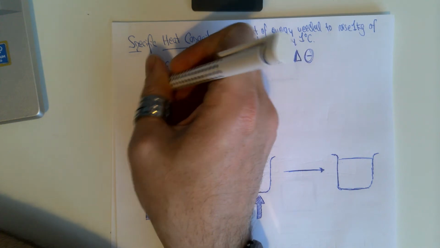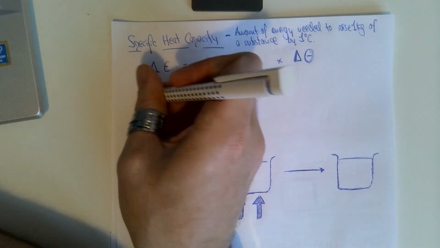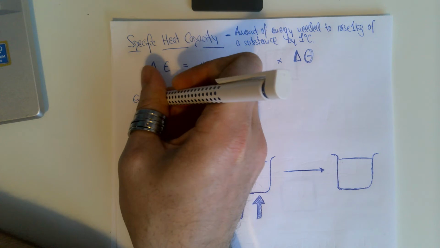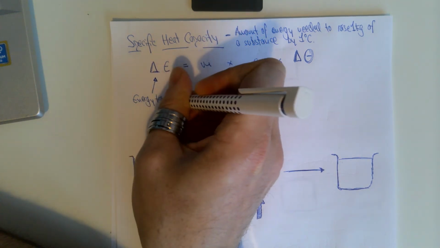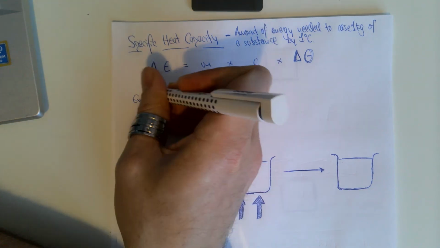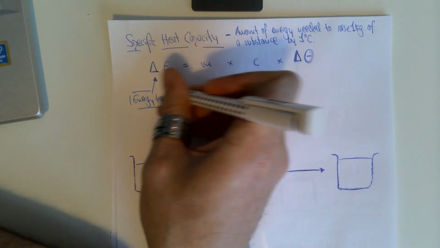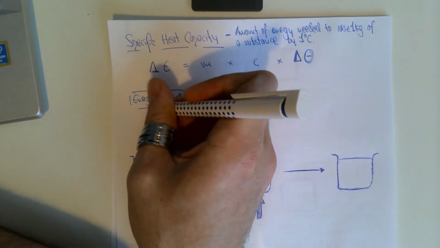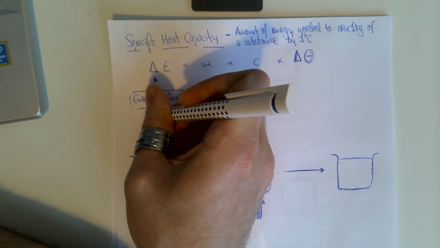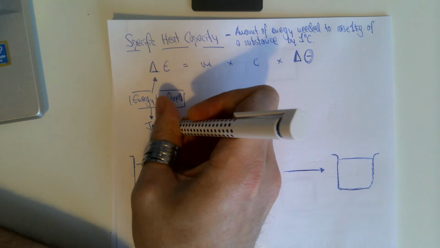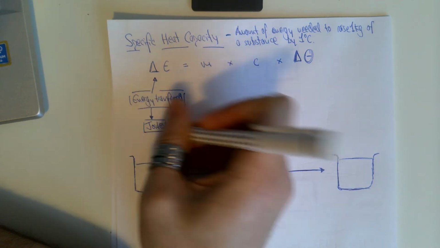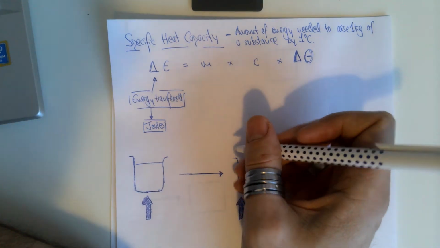Now, the first term here, our symbol, describes the amount of energy transferred. As with any measurement of energy in physics, it's described in terms of joules.